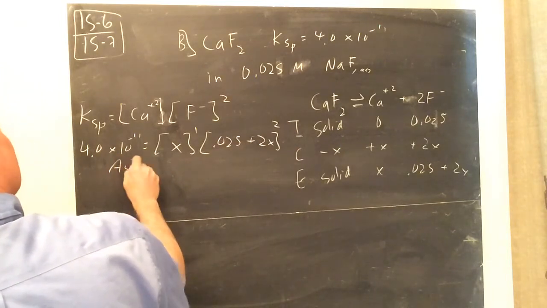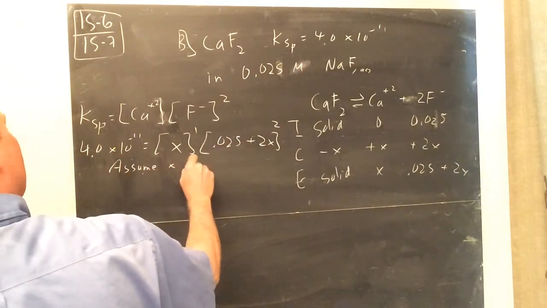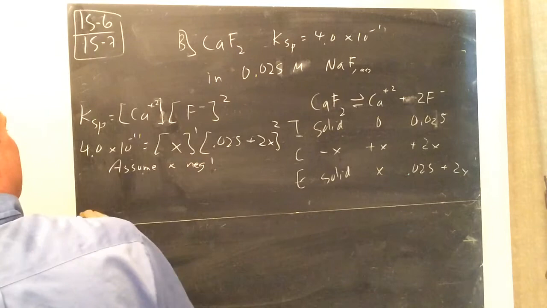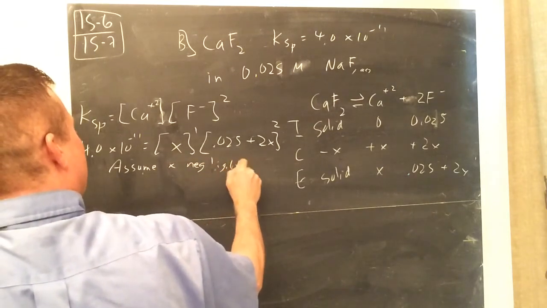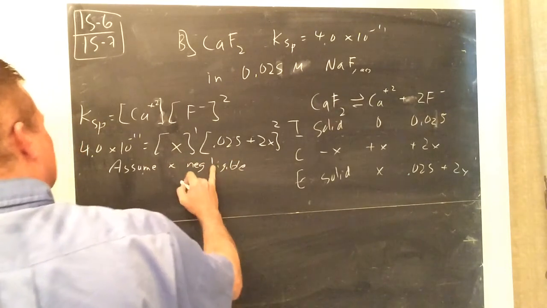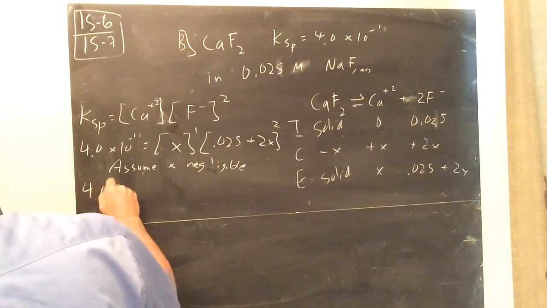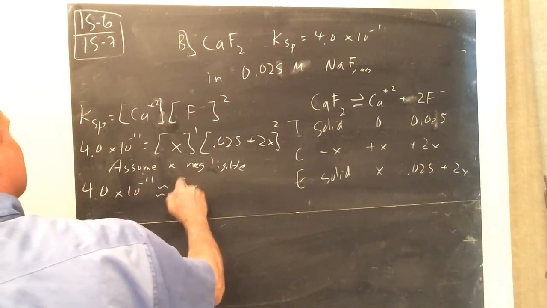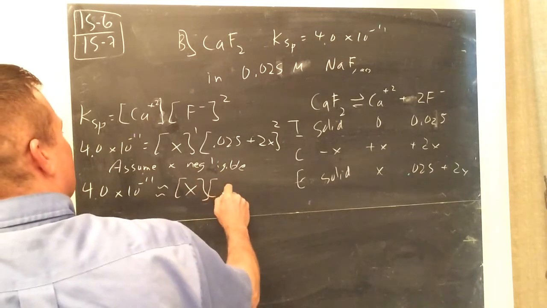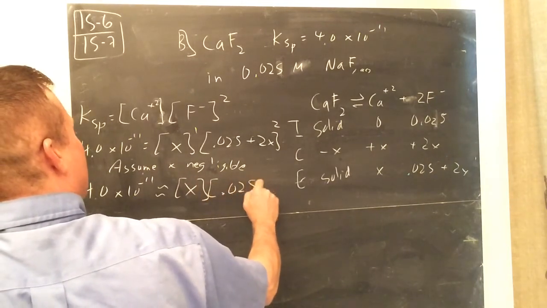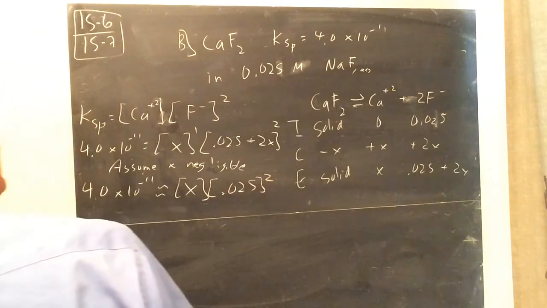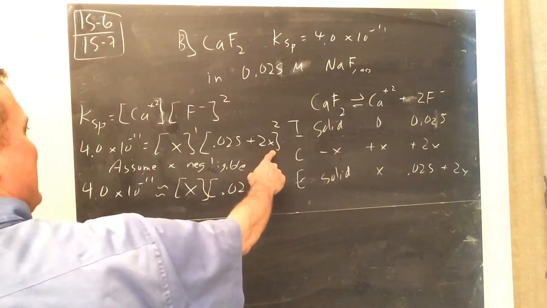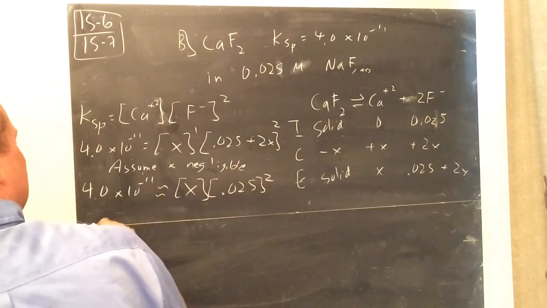And assume X is negligible. Okay, I know you better write the word out. I know I write so messy, but I at least want to write the whole word out. Okay, 4.0 times 10 to the negative 11 is approximately going to be X times 0.025 squared. Hey, how easy that makes the math now. I get to ignore that part.